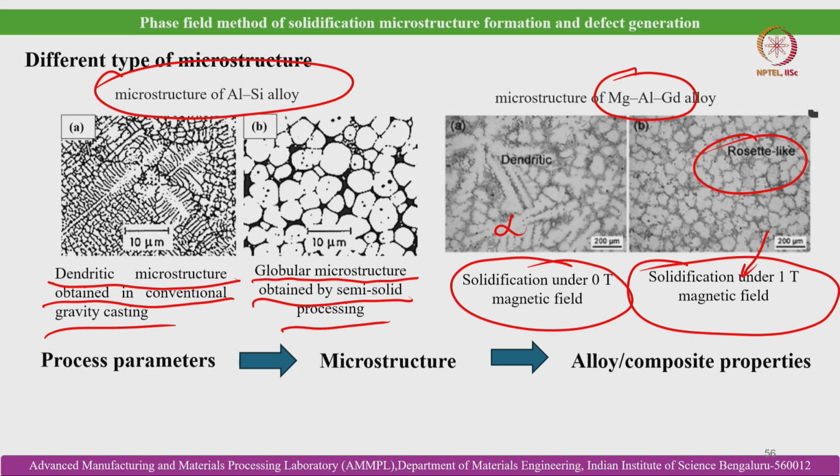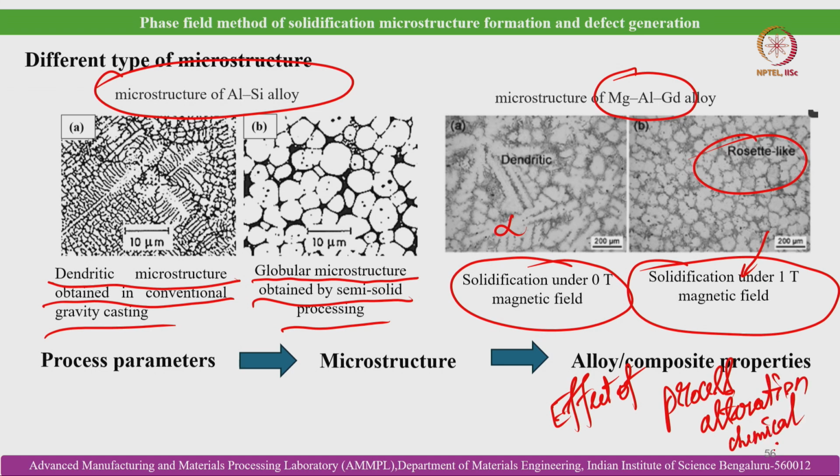So, basically we can see the effect of process alteration as well as alteration of the chemical composition on the resulting microstructure of the solidified alloy.